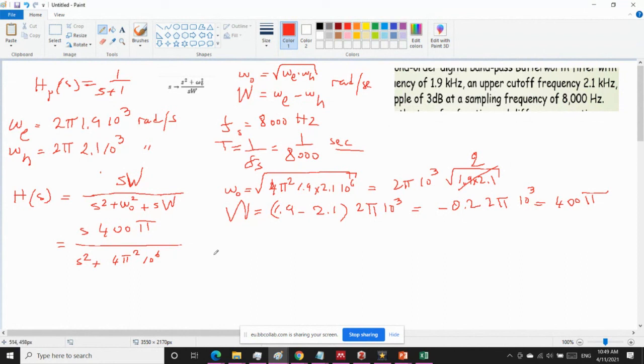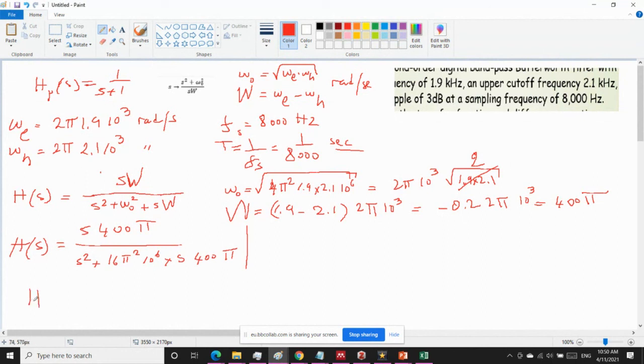So 4 pi times 4 pi means this is 16, and plus S 400 pi. So this is the filter, and it's just a matter of algebra now, because what we are going to do now is evaluate this to make it digital.